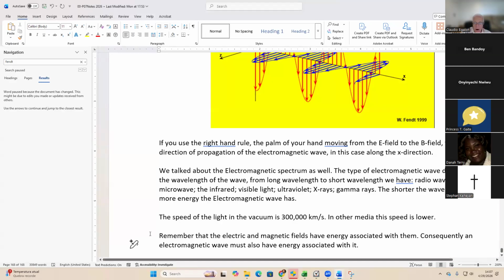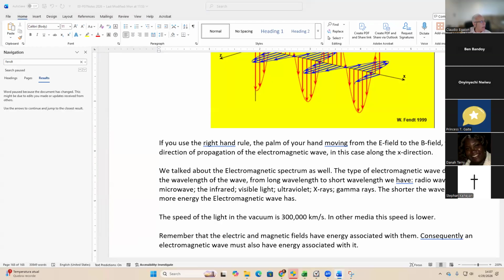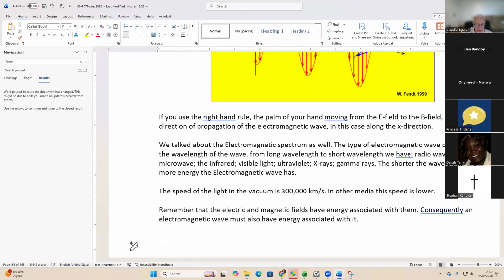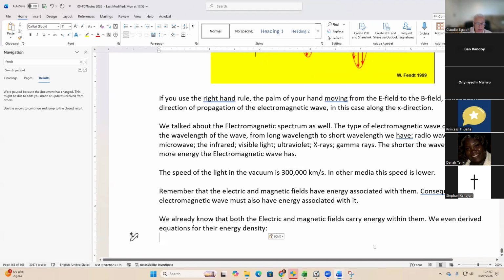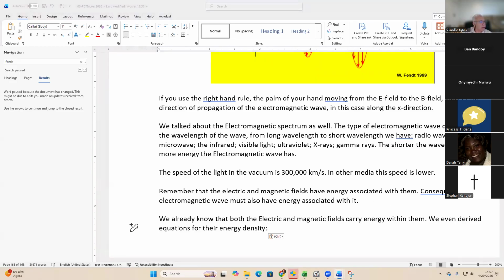And we saw that there's an equation for the energy density, the energy per unit of volume. We already know that both electric and magnetic fields carry energy within them. We even derived the equations for the energy density. Do you remember that? It's not difficult to memorize.